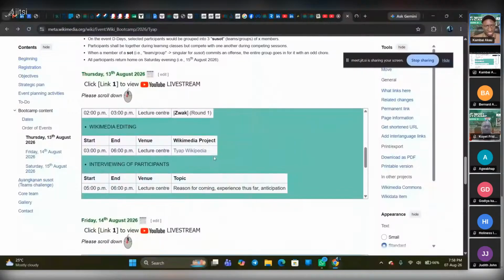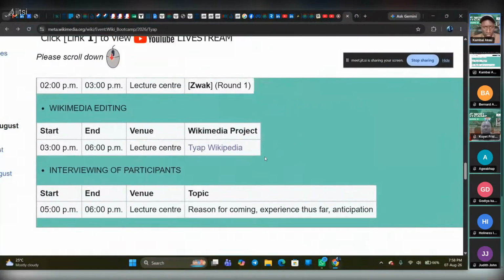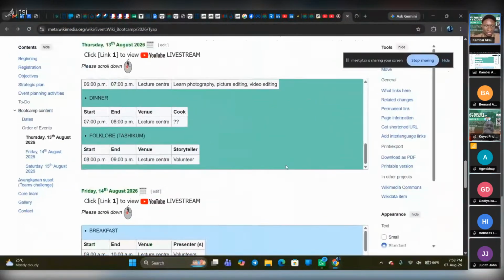By the time we finish this and there's no place for you to apply, then what's the purpose of this program? There's no purpose. So you have to become a Wikimedian and begin to contribute to our project. And then we are going to have all these things you are going to see on this page.